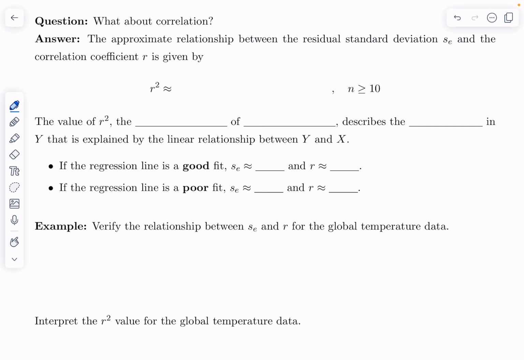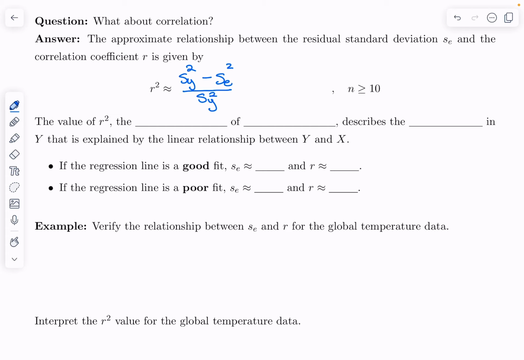So r squared turns out to be the standard deviation of the y's squared, or the variance of the y's, minus the residual standard deviation squared, over the standard deviation of the y's squared. This is an approximate relationship that's true when n is greater than or equal to 10.